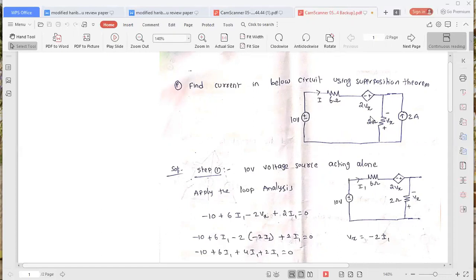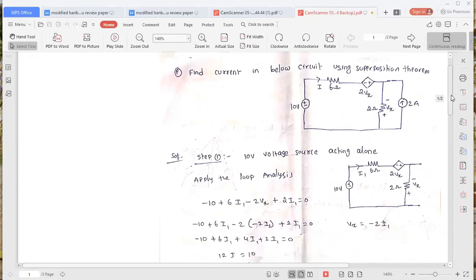In this circuit we have two sources, so we have two steps. Step 1: the 10 volt voltage source acting alone. All the remaining sources are inactive. A current source should be open circuited, and a voltage source should be short circuited.